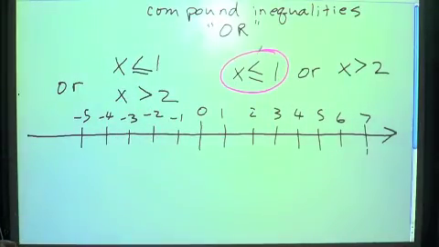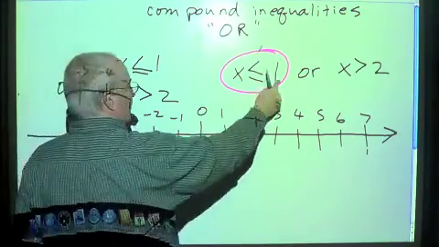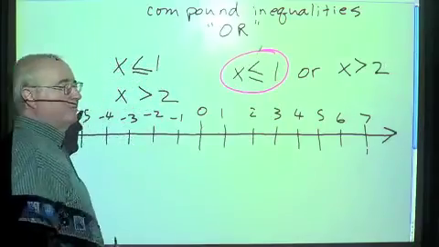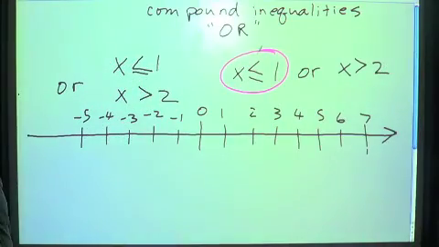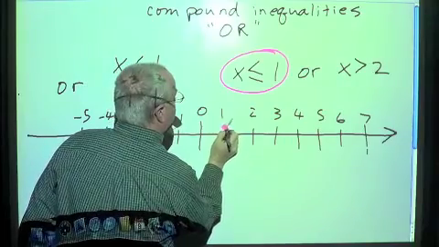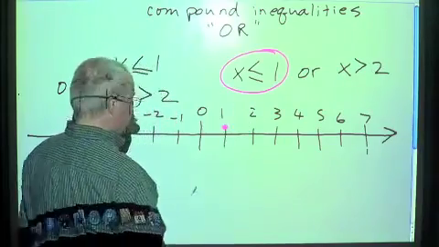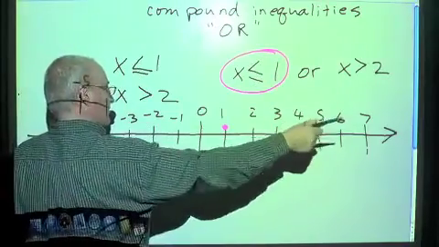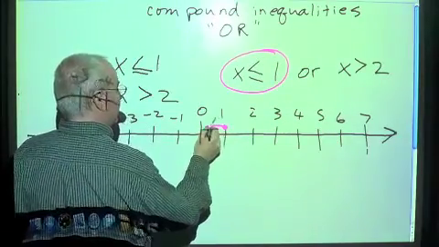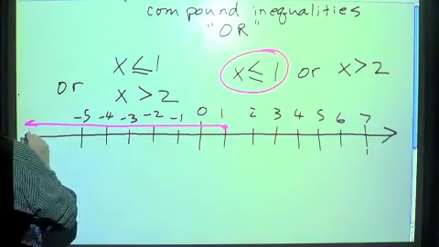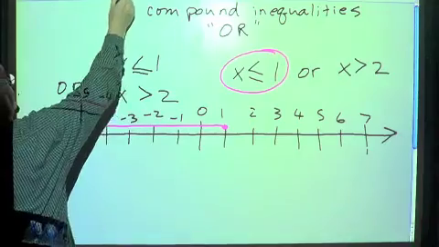X is less than or equal to 1. Now, what kind of circle or point are we going to put on 1? Are we going to put a solid or an open? It's equal to, so we're going to put a solid. Now, X is less than or equal to 1, so is it going to go to the right or to the left? It's going to go to the left.